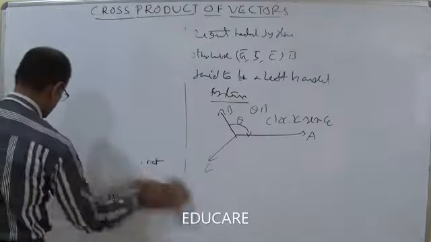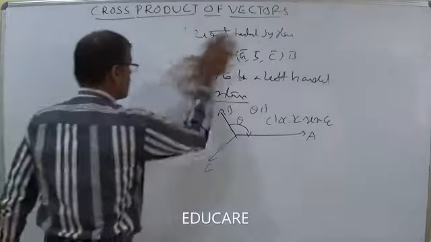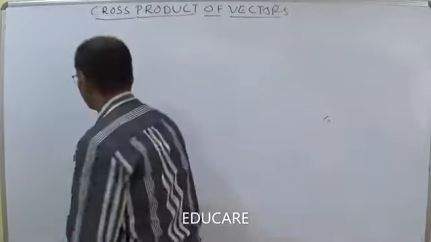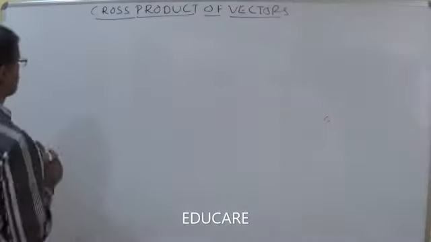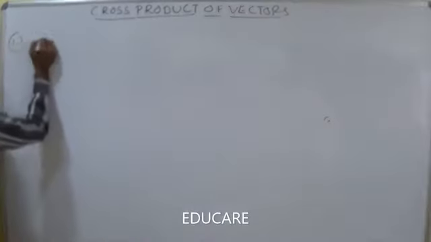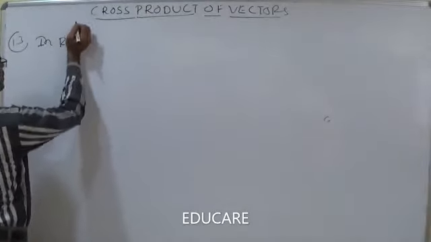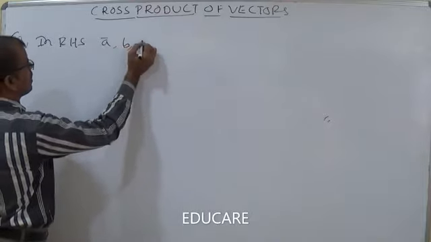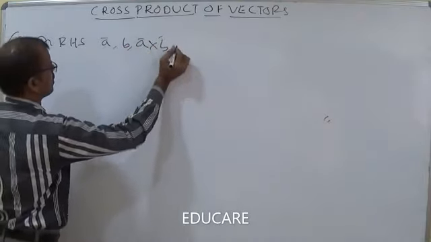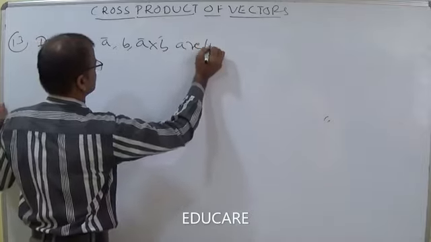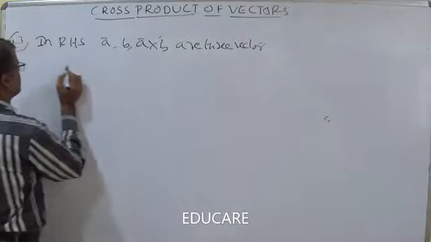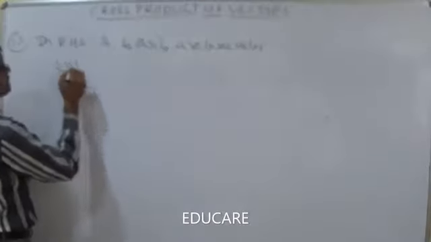So using this, until now we discussed the vector perpendicular to both. In the right-handed system, A, B, A cross B are three vectors. In LHS, what is A cross B?